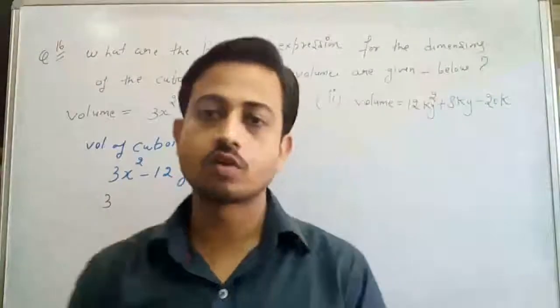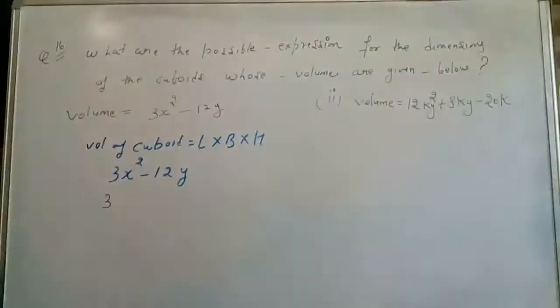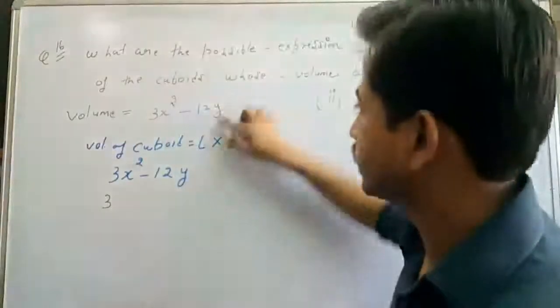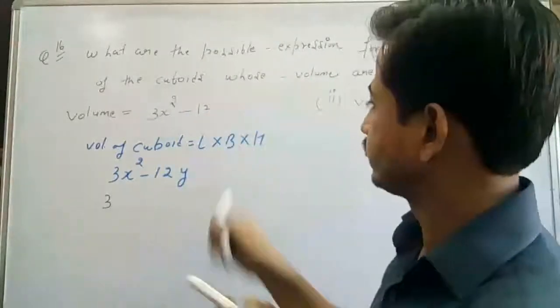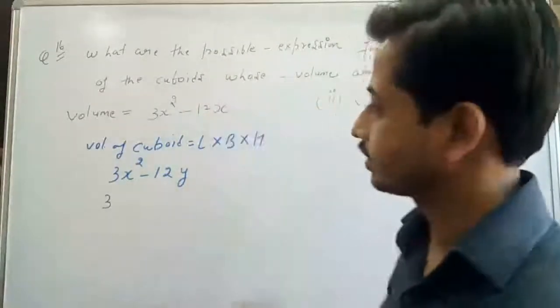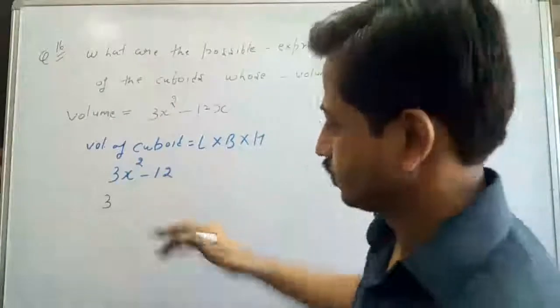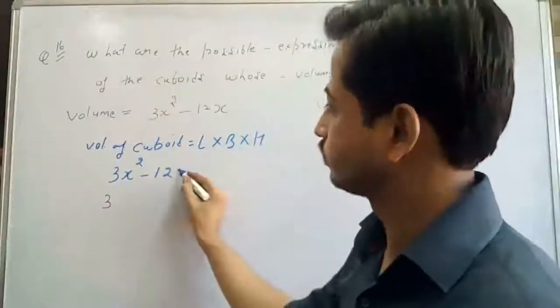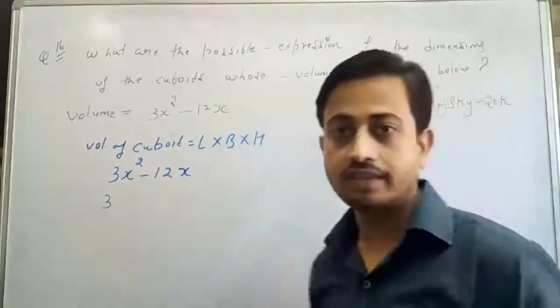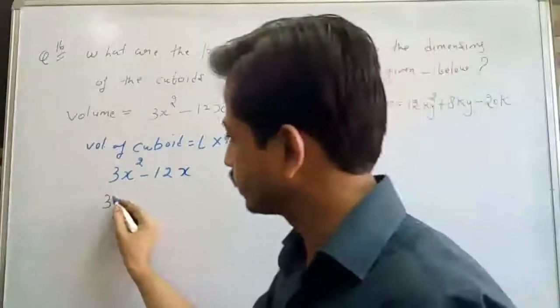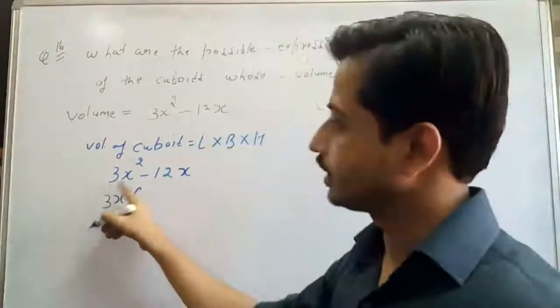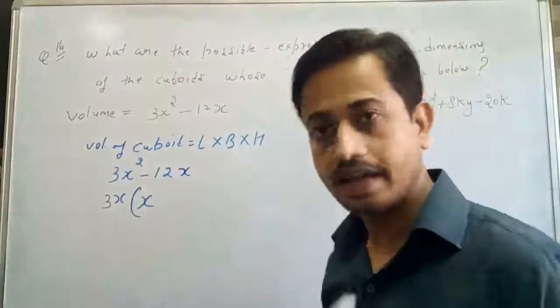Wait just a minute, I'm going to check the statement. Sorry, please change the statement. Here is not y, here is x. So I am going to take it as x. Now what are the common factors? 3 and x. If I take 3 and x common, what do I get here? x.